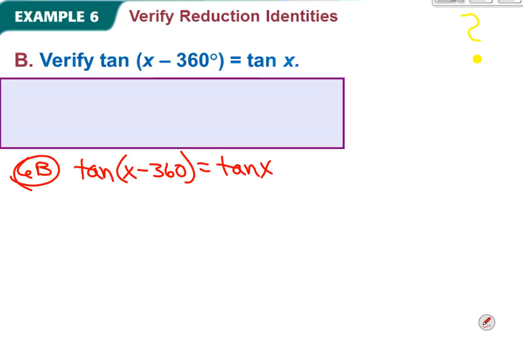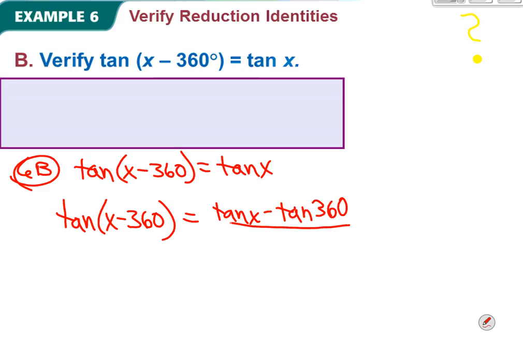So if it's minus, you'll minus, and then in the denominator, you'll add. So we start with the left. Tangent of x minus 360 equals, and now I just put it in the formula. So it's tangent x minus tangent 360 all over 1 plus tangent x tangent 360.